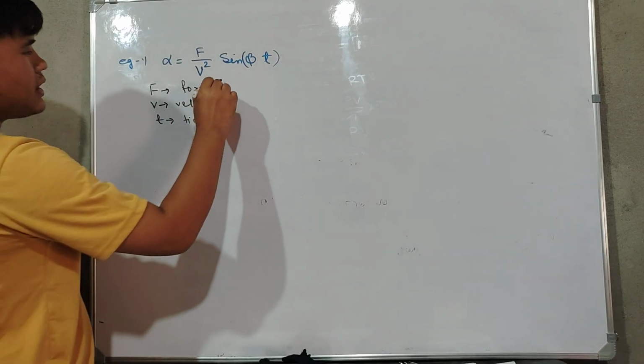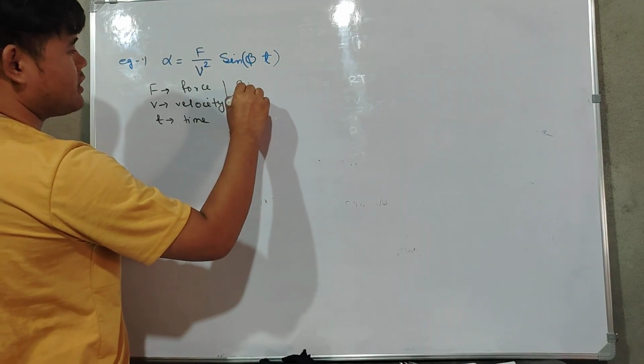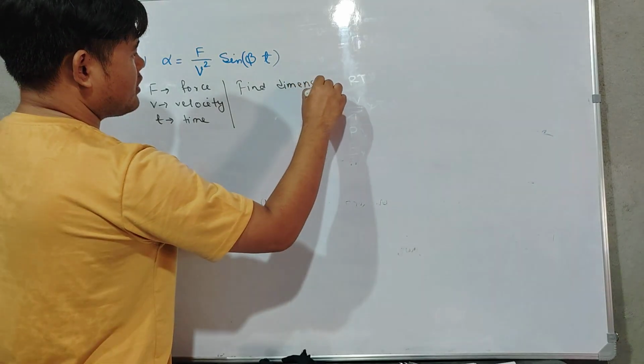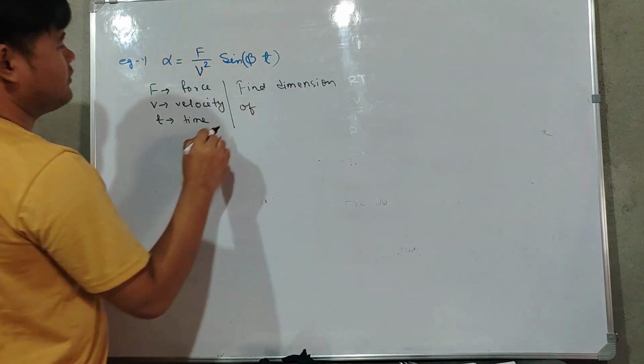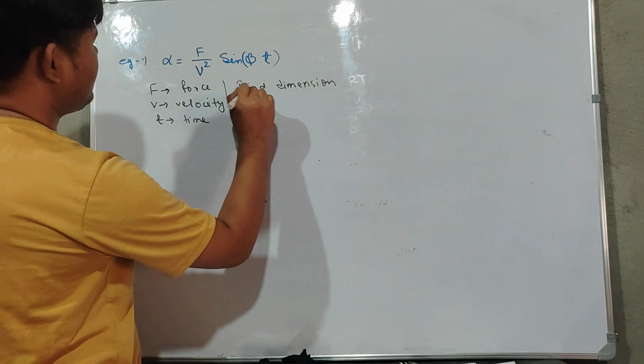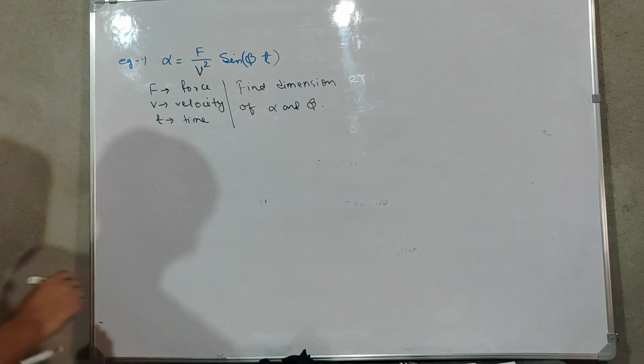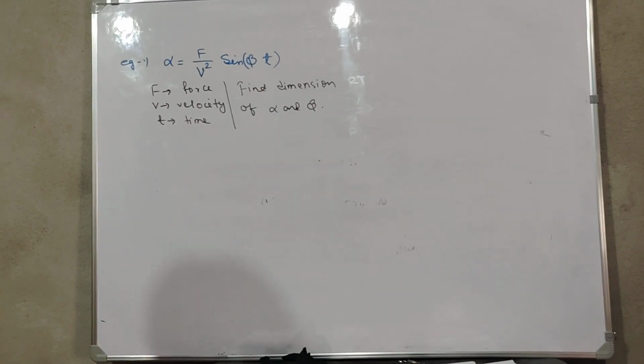So the question is telling us to find the dimensions of alpha and beta. So you try this one by yourself, pause it for a moment and do it.